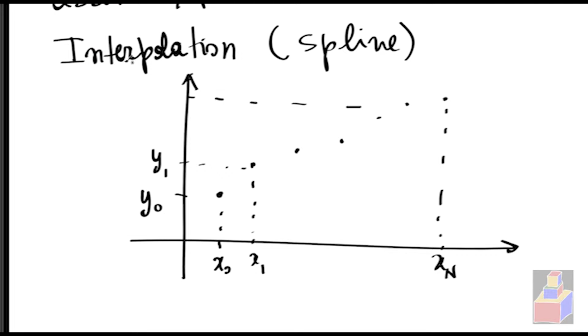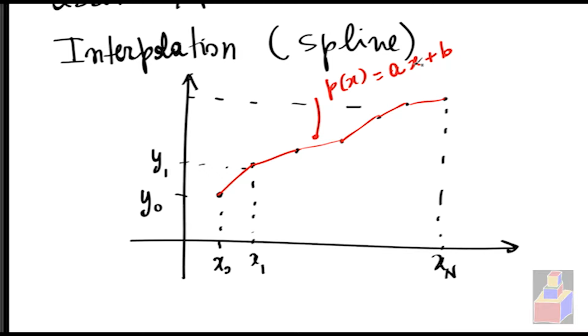We can do that by doing a simple linear interpolation, which is very simple to do. Okay, just interpolate by a linear function between points. In this case, we would use something like this, a polynomial which has only two parameters, a and b, ax plus b, for instance.